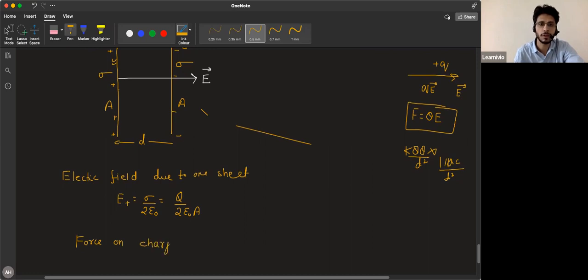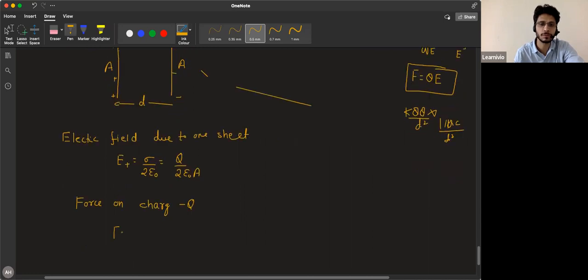Now we need force on charge minus Q. What is the expression of force acting on this charge minus Q? Force will be QE. I can substitute the field here. The charge is negative, so put minus of Q; this negative sign will give you direction.